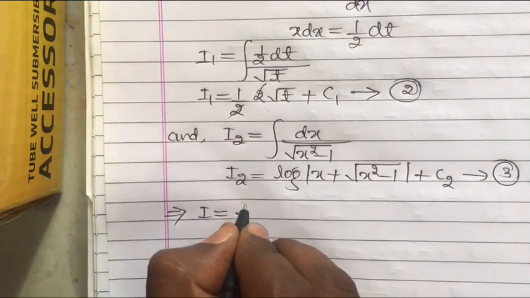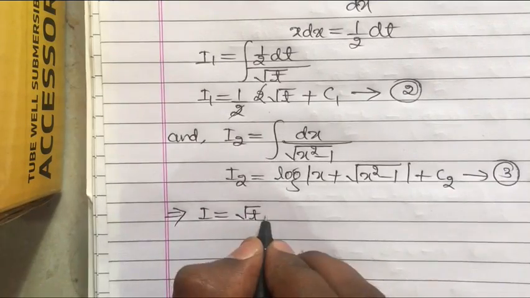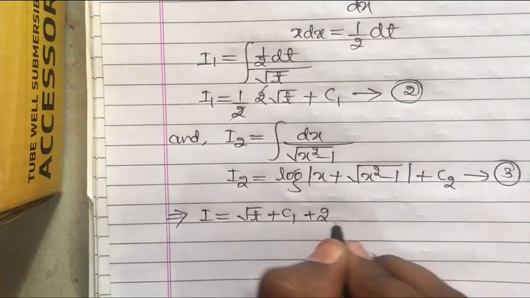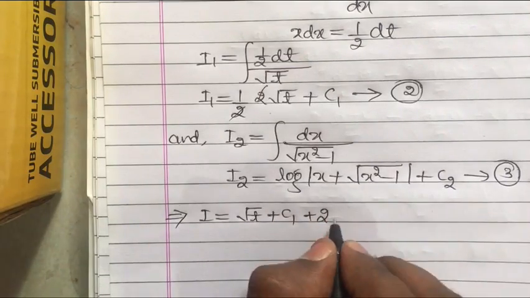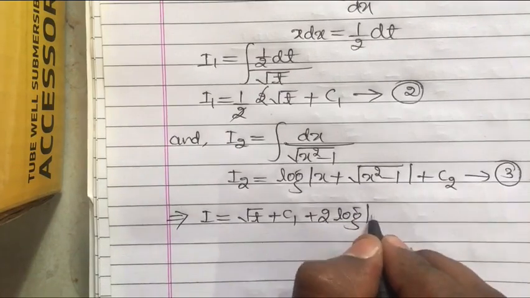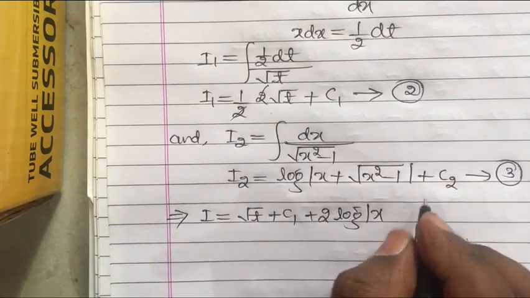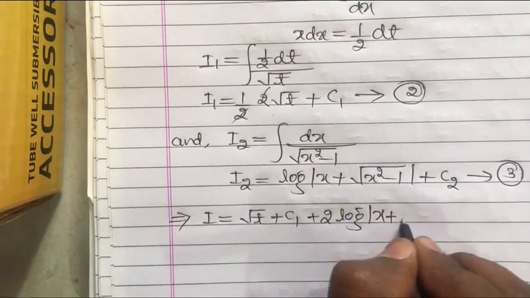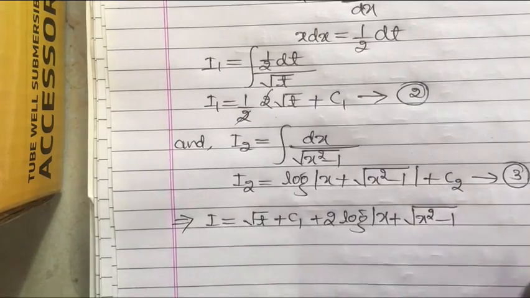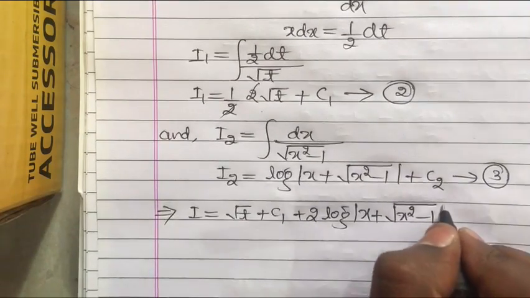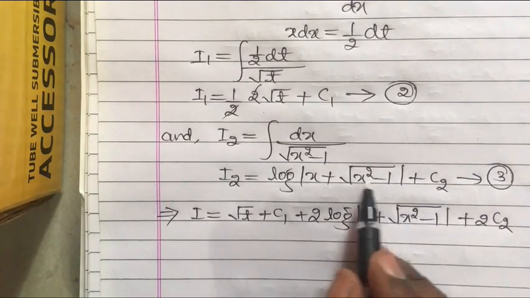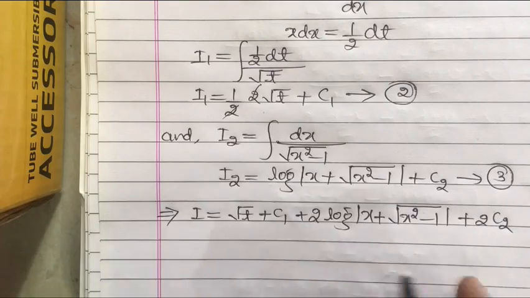It is root t plus c1 and then plus 2 times I2, that is this one, 2 times log mod x plus square root of x square minus 1, mod complete, plus 2 times c2. 2 is related to the first term as well as to the second term now.